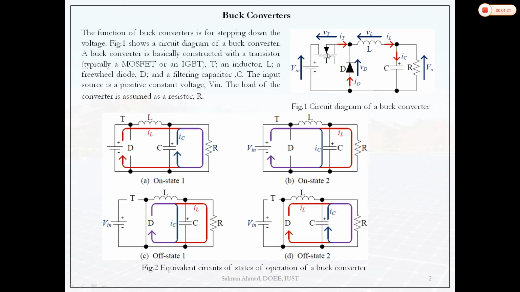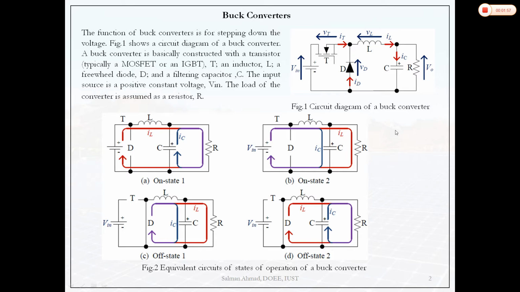That means the switching frequency is very high in comparison to other power electronic switches, and that will help to reduce the ripples in the voltages and currents. We have used one MOSFET switch, one diode, one inductor, one capacitor. These four elements form the buck converter. On the input side we have DC, and on the output side we get reduced DC, or step down DC.